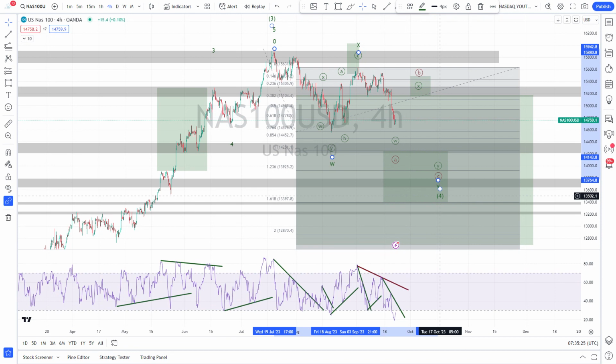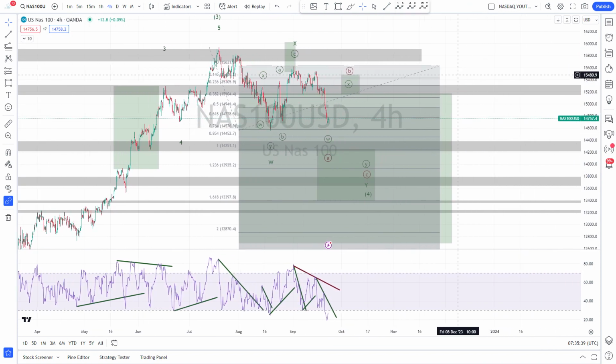Of course, it's very early to discuss this, but just like we could have the double correction from here, it is again possible that we make another corrective move like this.